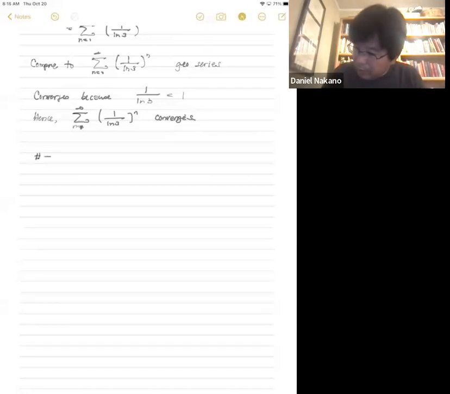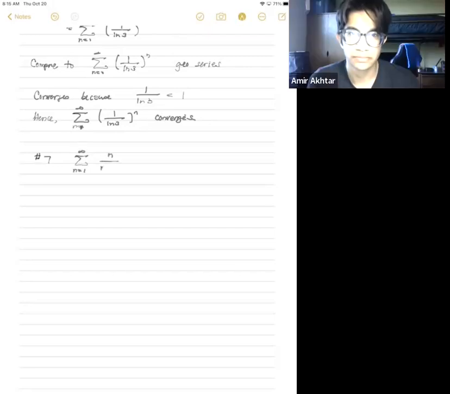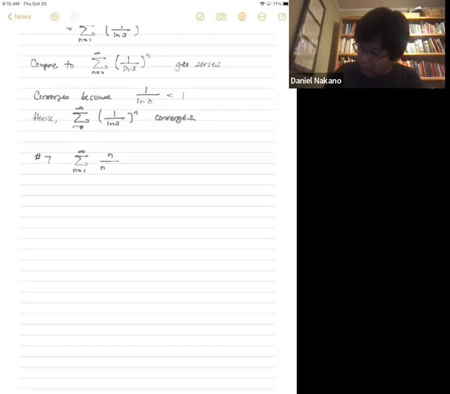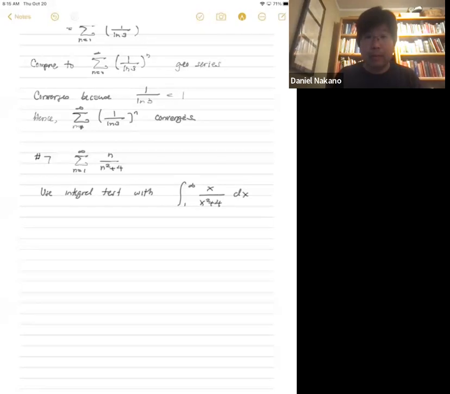So for number 7, I won't write all the details. You have n over n squared plus 4. And then you use the integral test with the integral from 1 to infinity of x over x squared plus 4 dx.